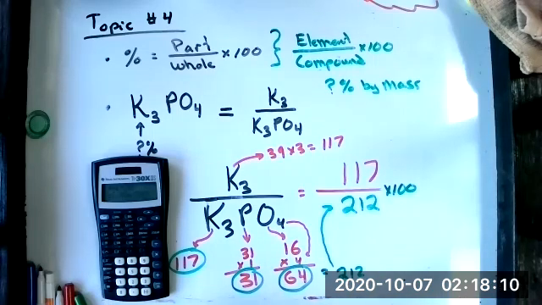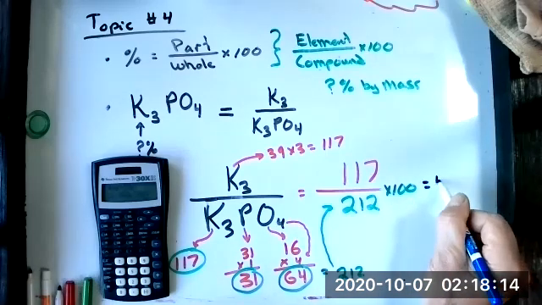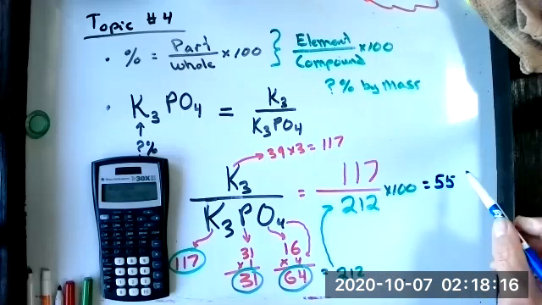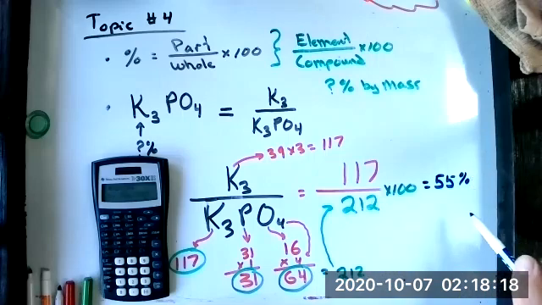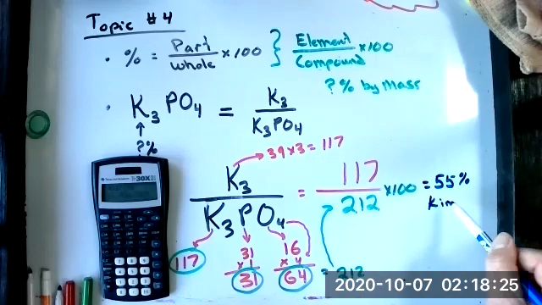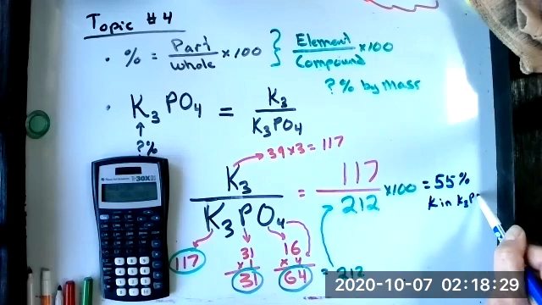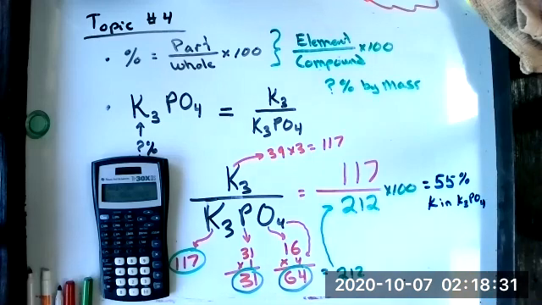The answer that I get equals 55% of what? Oh, of K in K3PO4.